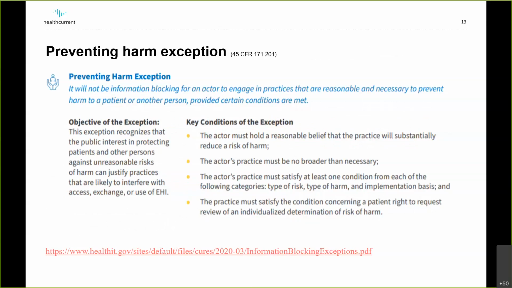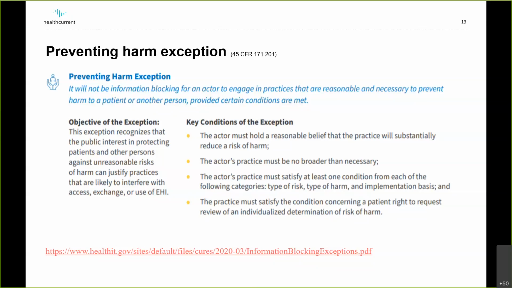Yeah, that sounds great. Thanks, Case. So Case kind of gave you the nuts and bolts of what an information blocking claim looks like. So we know that if our organizations are actors, so a healthcare provider, and you're engaging in a practice, so an act or omission that is likely to interfere with the access, exchange, or use, very broad, of EHI, you could possibly implicate the information blocking provision.